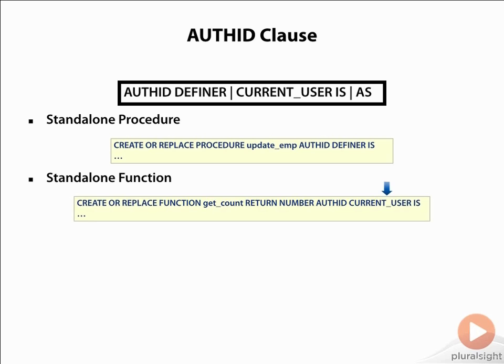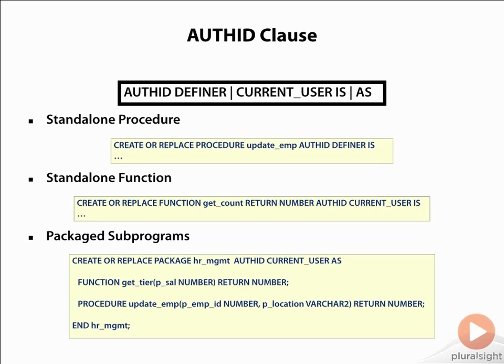It can be defined for standalone functions. Here is another example where we are defining the getCount function as CREATE OR REPLACE FUNCTION getCount RETURN NUMBER AUTHID CURRENT_USER IS to define it as an invoker's rights subprogram. It can be defined at the package specification level. All the subprograms under the package will follow the AUTHID clause, and you cannot specify a different value for each one.